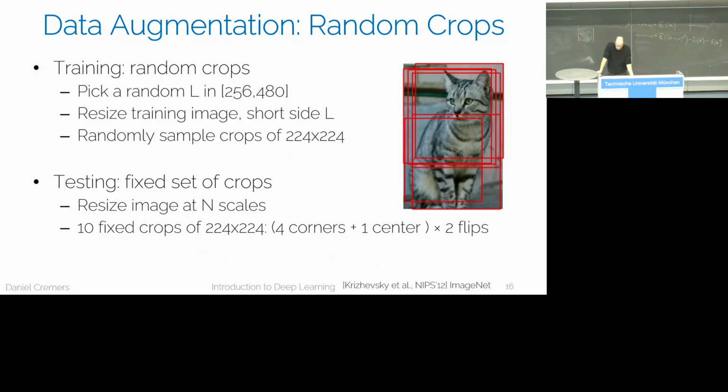And so you would augment your training data by creating random crops, resizing the image, randomly sampling crops, etc. And this is what Krizhevsky and collaborators did in their paper.